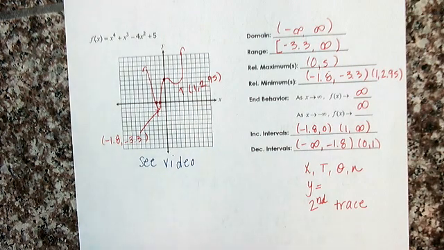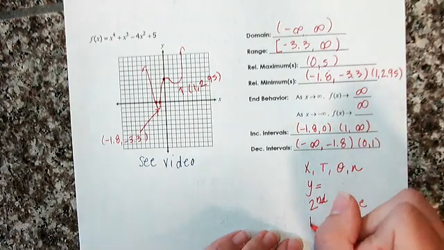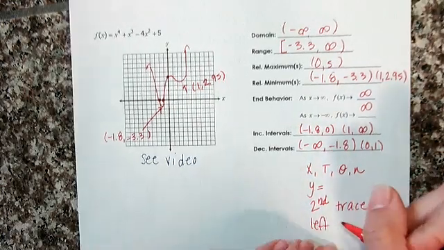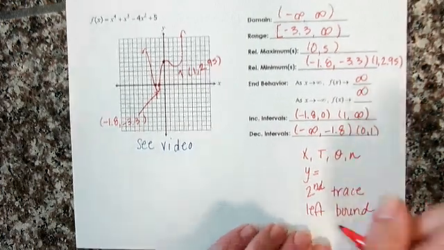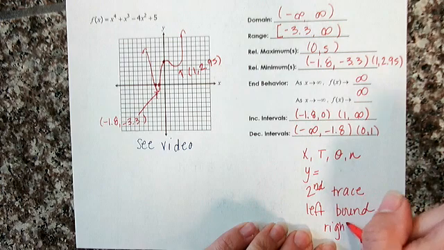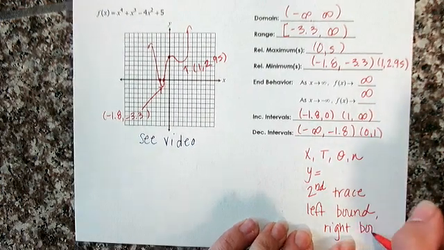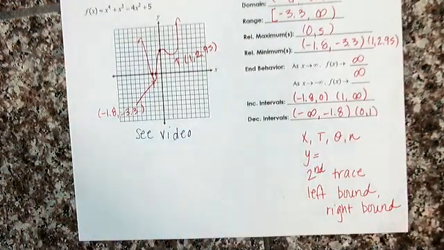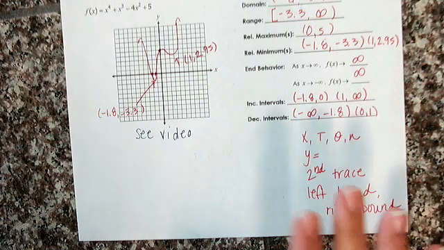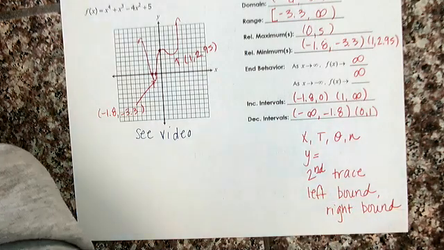And then you have the left bound and the right bound. So you're setting boundaries. Where do you want the calculator to find a value? Okay. And that is the basic beginning of the calculator.